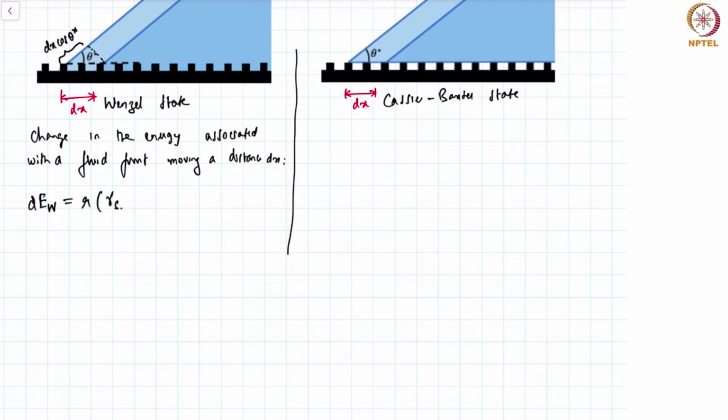When r is equal to 1, we would get the case for a smooth surface, but now we have increased the surface area, therefore the effective increase in the surface area would be r times dx. That's what goes into the expression. And finally we have gamma cos theta star dx. That's the excess surface area that we've created.